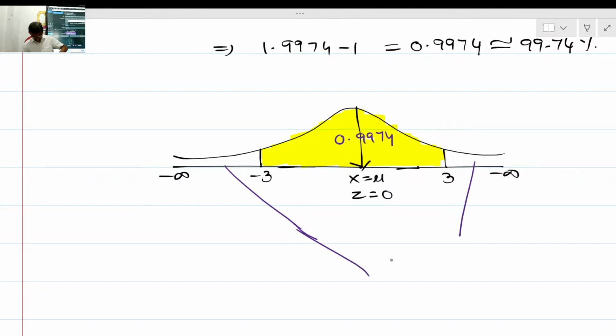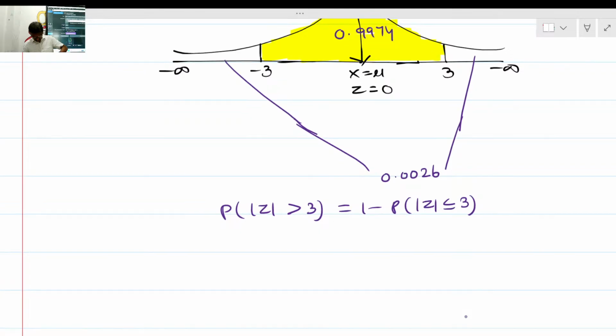The outside area is 0.0026. That is very, very important. The probability of mod z greater than 3 is equal to 1 minus the probability of mod z less than or equal to 3, that is 1 minus the probability of minus 3 less than or equal to z less than or equal to 3.